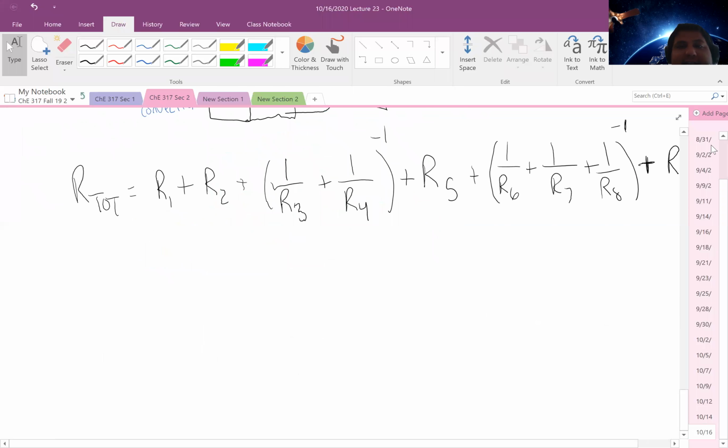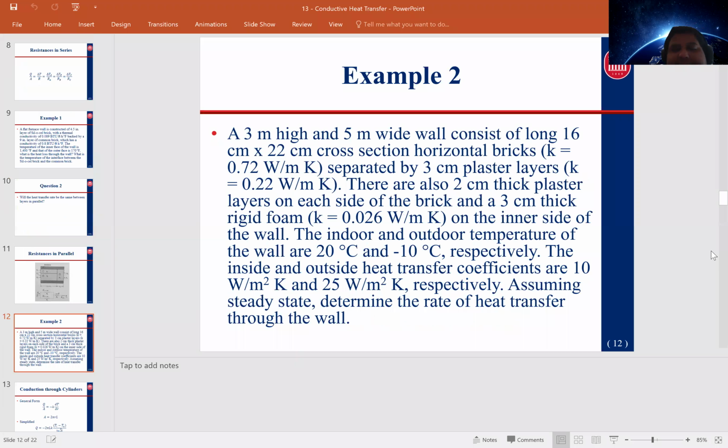If not, let's take a look at an example where this kind of system would apply. So in this example, I have a 3 meter by 5 meter wall consisting of 16 by 22 centimeter sections of horizontal bricks, separated by 3 centimeter layers of plaster, which also contains 2 centimeter plasters on each side of the brick, and a 3 centimeter thick foam on the inner side of the wall.